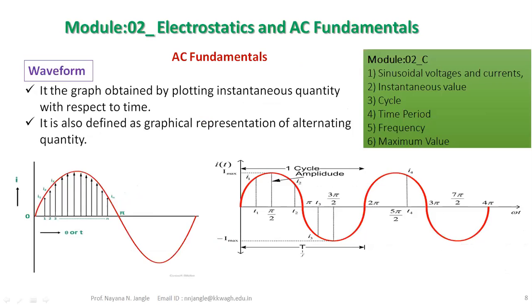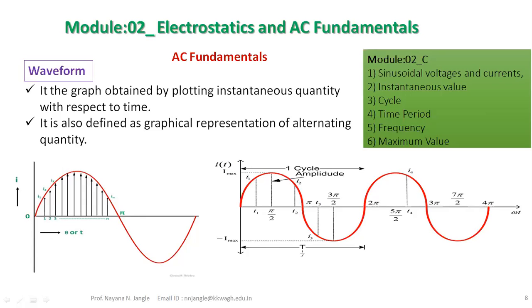So what is a waveform first? A waveform is a graphical representation of an alternating quantity. It is the graph obtained by plotting instantaneous quantity with respect to time. It is also defined as the graphical representation or pictorial representation of an alternating quantity. The total rotation of a conductor is 360 degree.